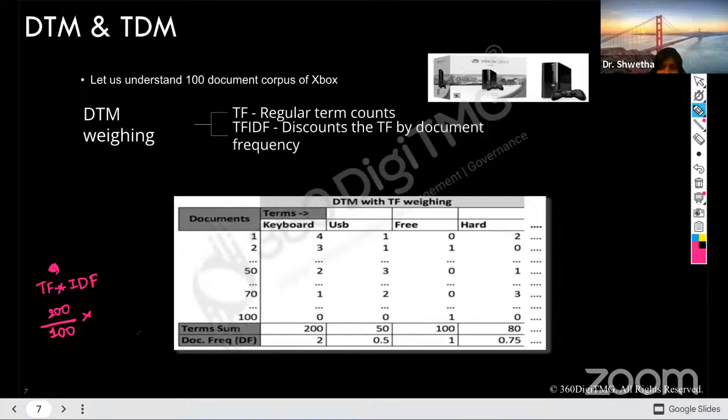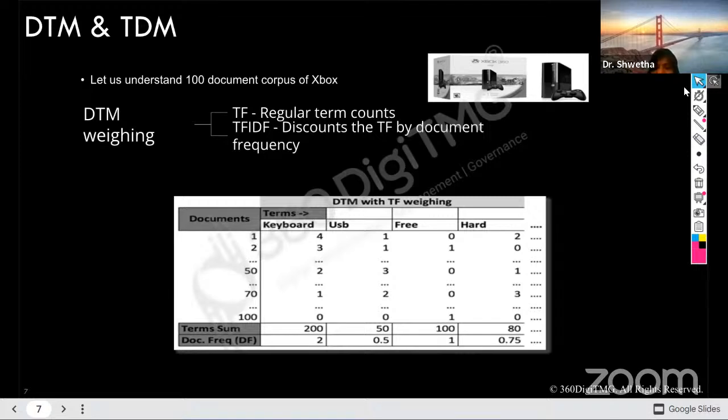Okay, so this inverse factor will show us how many times this particular word is repeated in each document. So it's like taking the mean of it and giving us the proper weightage of the terms.